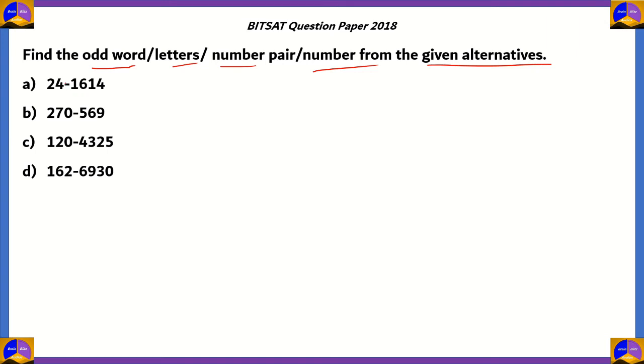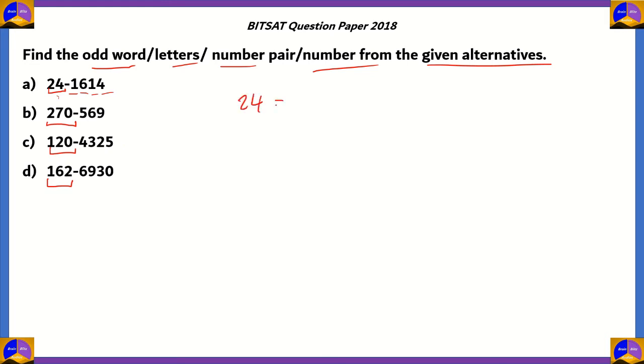Let's consider the left side to be a single number, 24, 270, 120, and 162. And let's take the right-hand side as a collection of numbers which do not represent a single number. So 1614, 569, and so on. So we need to find a relation that binds three of these pairs and not the fourth pair.